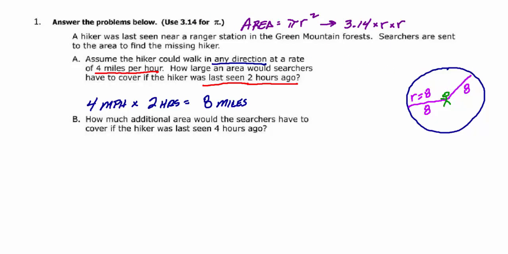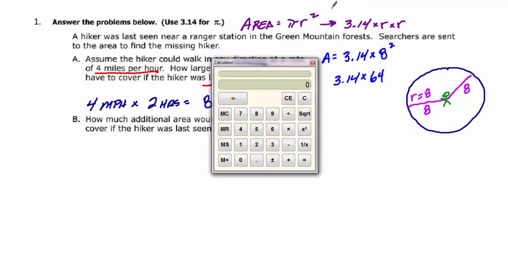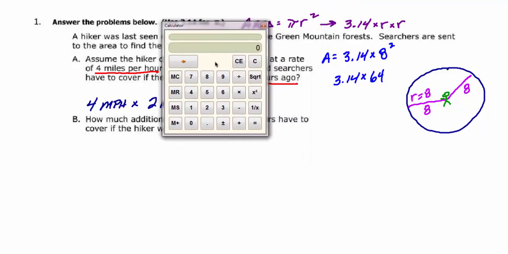So once we have that, all we have to do is plug it into our formula. And we already said that the area was going to equal 3.14 times the radius squared. That's 3.14 times 64. 8 squared is 64. And I'm not going to try to do that in my head, and I'm not going to do it longhand because I'm not testing here.